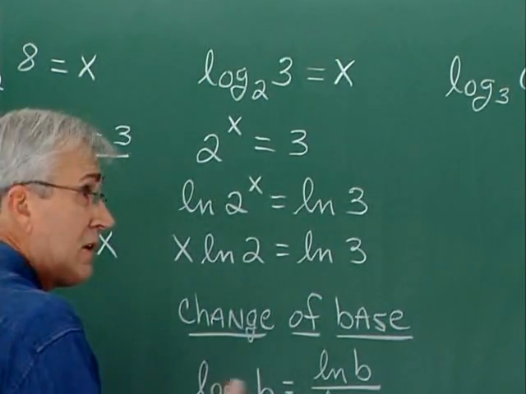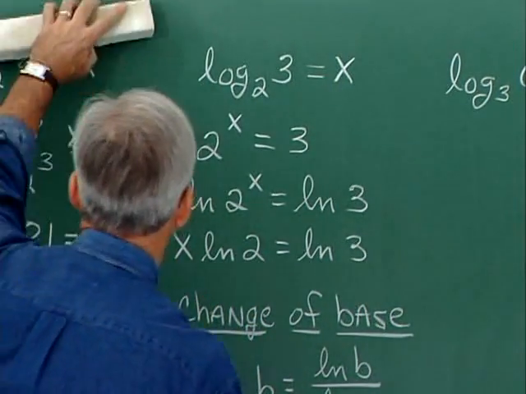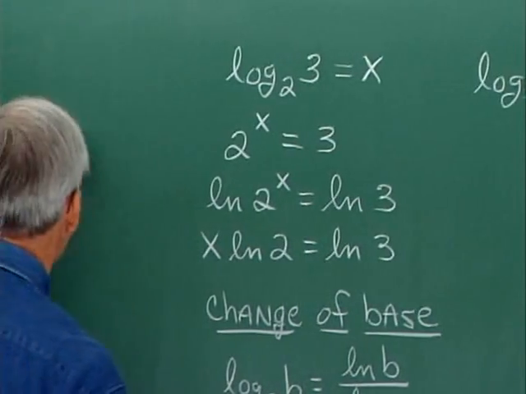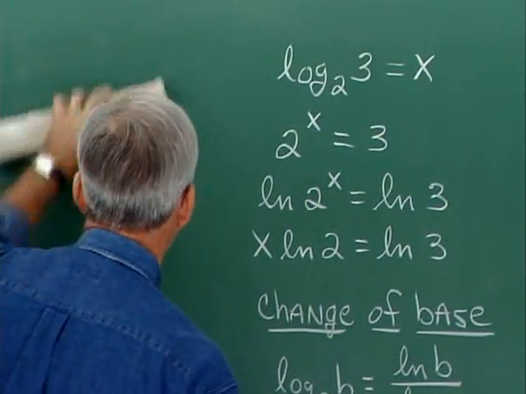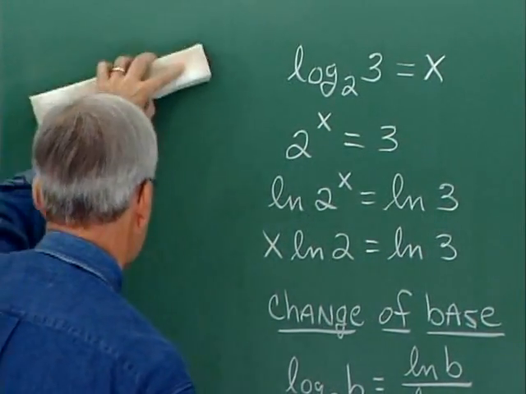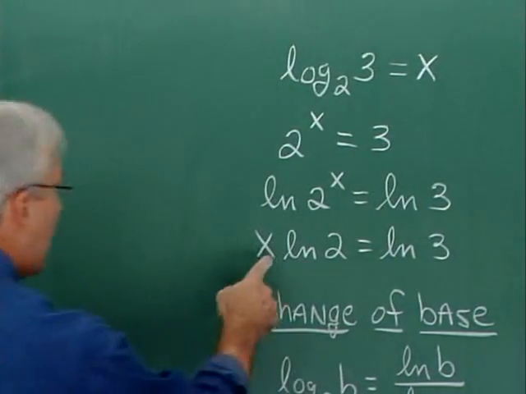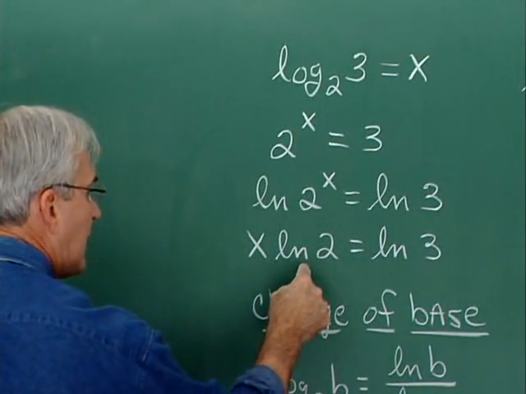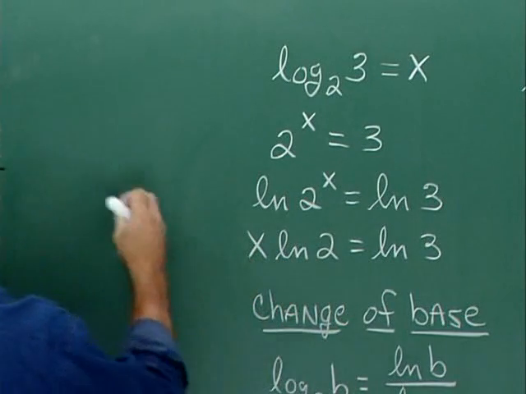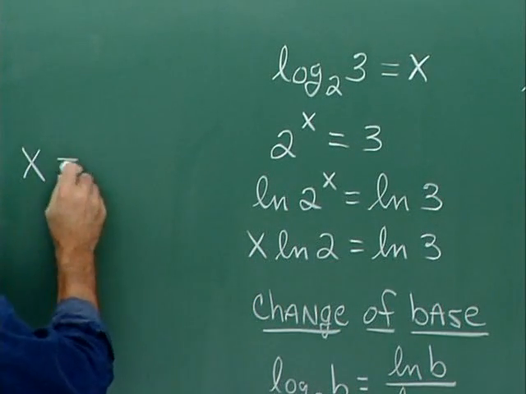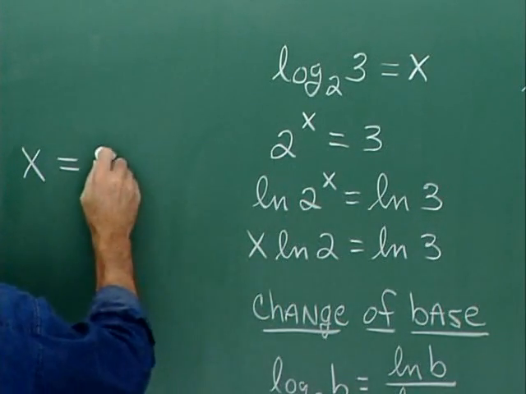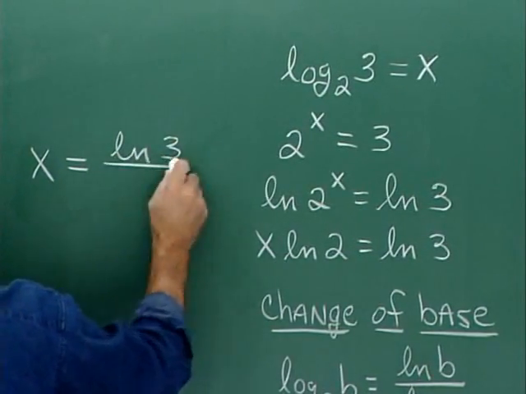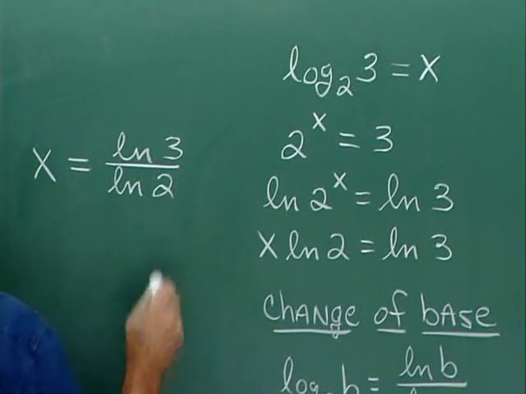So this is a coefficient of x over here. So all we need to do is divide on both sides by that coefficient of x, and we'll solve that for x. And so I can write then that when I divide on both sides by ln 2, this ln 2 goes out and we have x. And on the right, when I divide by ln 2, I get ln 3 as the numerator and ln 2 as the denominator.